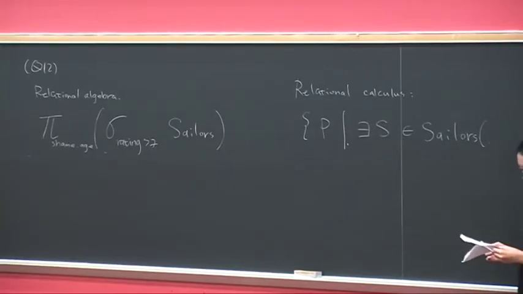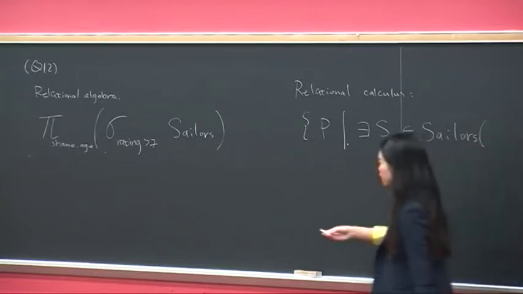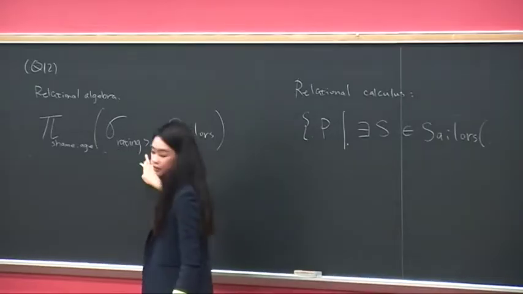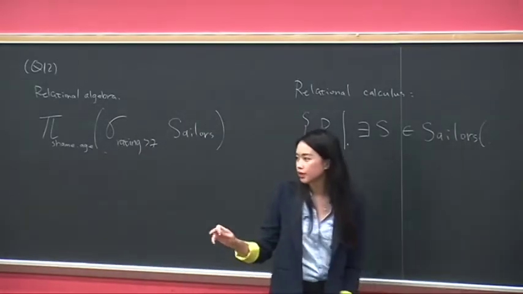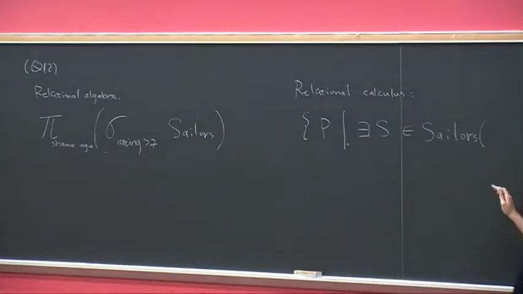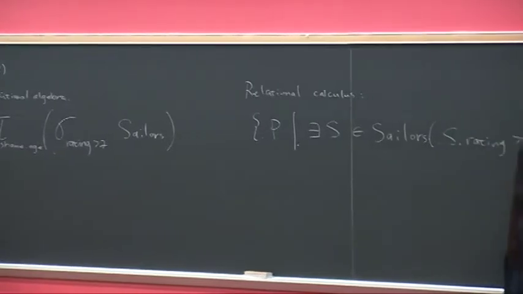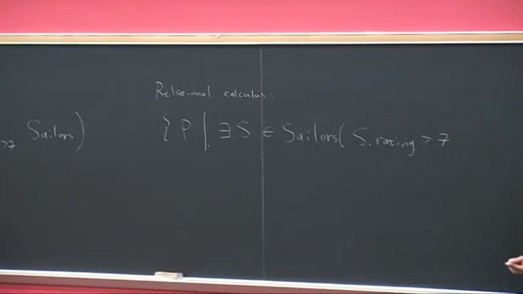The first criteria we want to think about is this one. We want only the sailors with rating above 7. So what do you think should be the first one we will write down? S dot rating greater than 7.